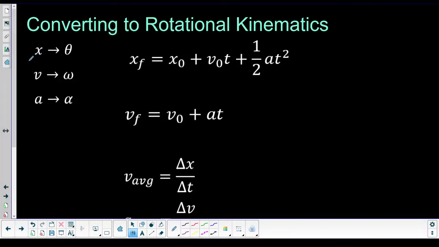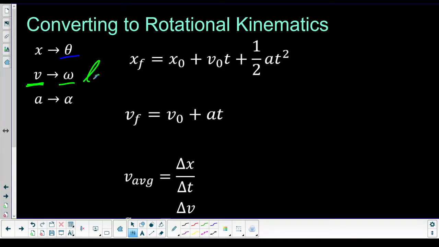Distance is no longer x. We're turning it into theta, like we talked about in the previous slide. Velocity is linear velocity. We need angular velocity. So instead of v, we use not w.